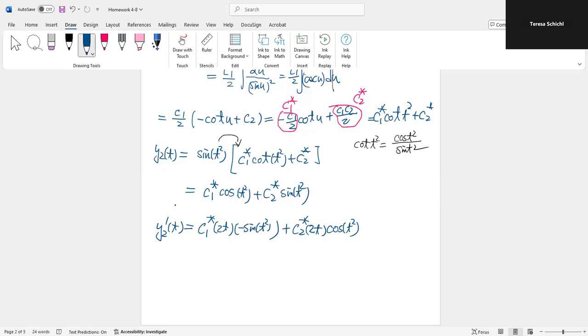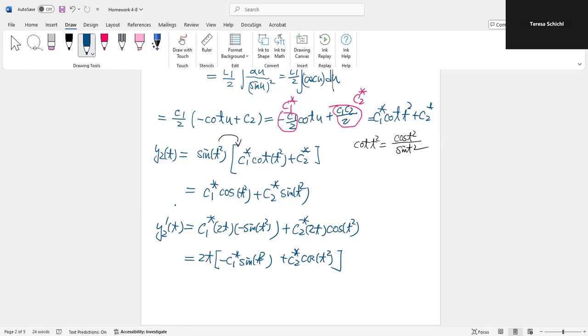Now I can simplify this a little bit. I can take the 2t out. Then here I have negative C1 star sine t squared plus C2 star cosine t squared.